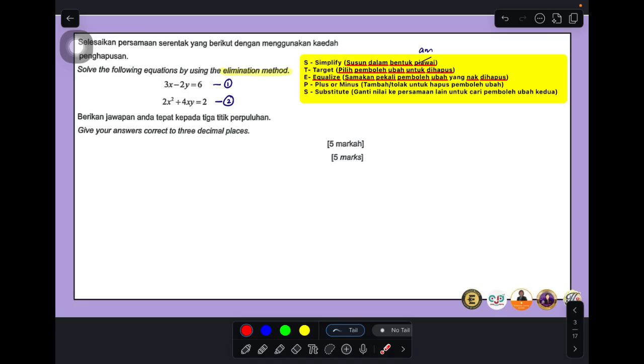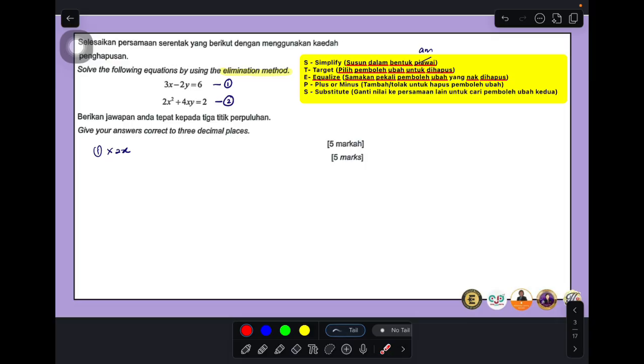If I want to eliminate this and this, make sure both are 4xy, right? So from negative 2y, how am I going to become 4xy? So the first equation, I can multiply by 2x. When we multiply by 2x, setiap satu sebutan mesti darab 2x. Each term must be multiplied by 2x. Jangan darab tengah-tengah tu saja.